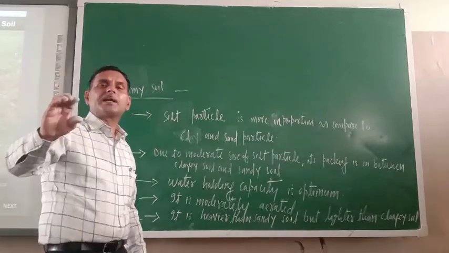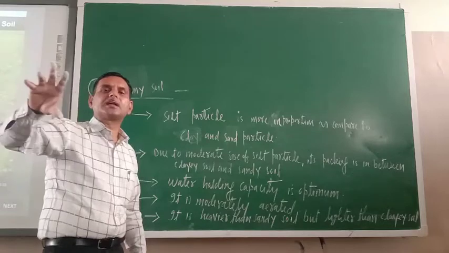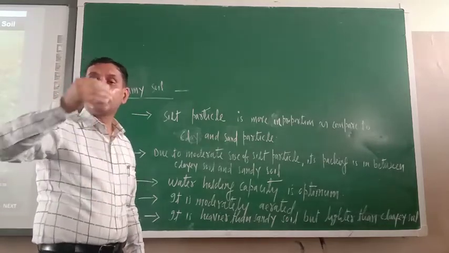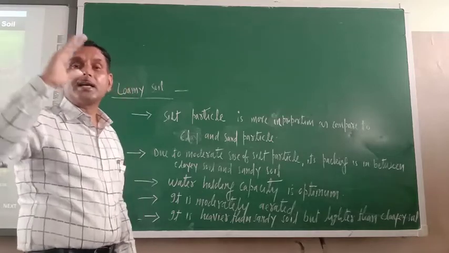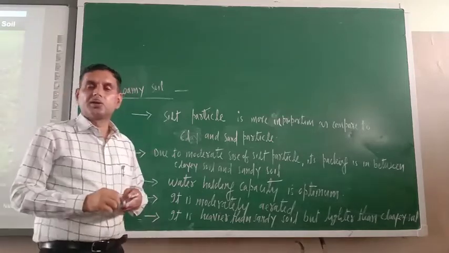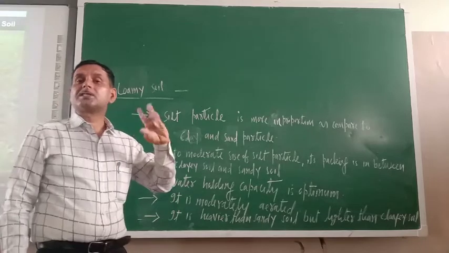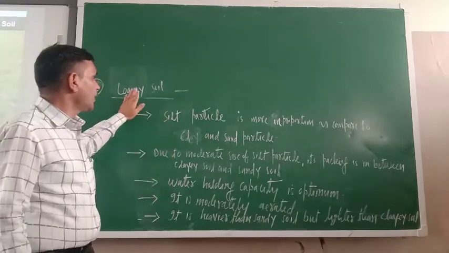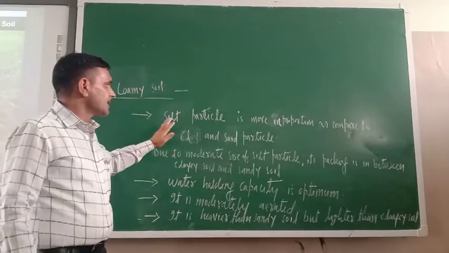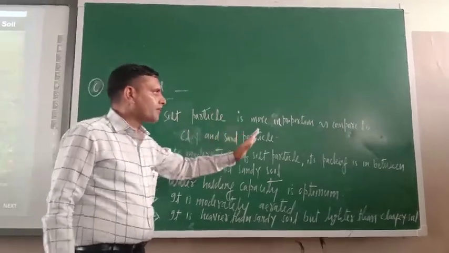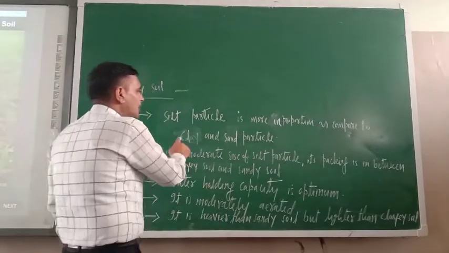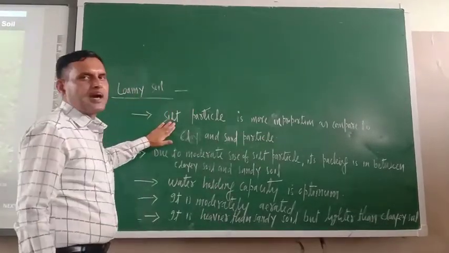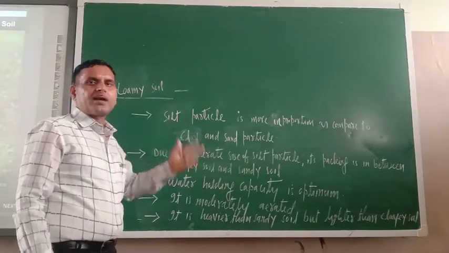The size of silt particles is larger than clay but smaller than sand particles. So try to understand, silt particles are basically found in the loamy soil. Silt particles are more in proportion as compared to clay and sand particles.